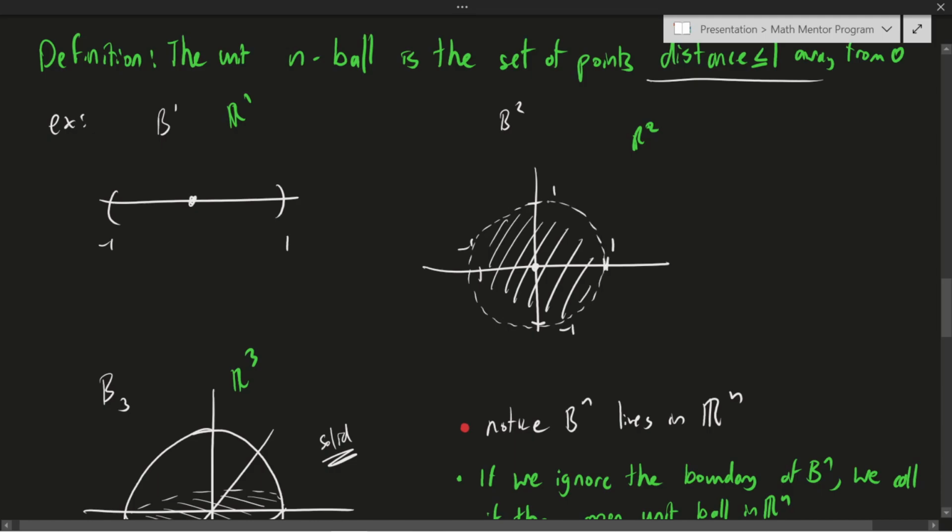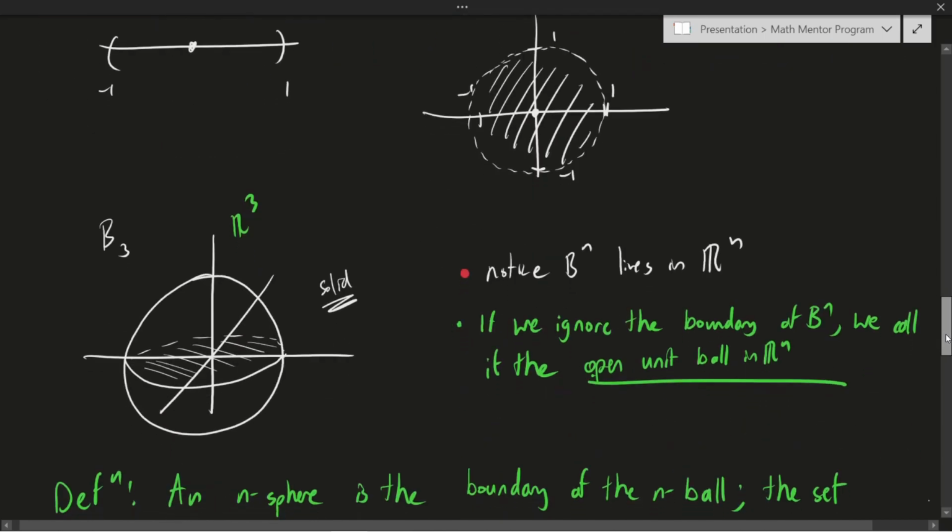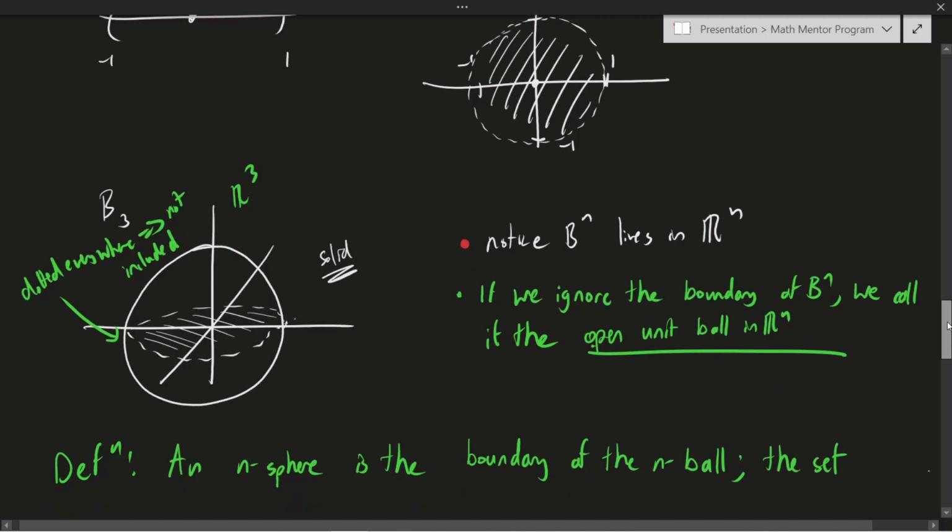And we'll usually do this with a dotted line. And in R3, well, this is a little bit more difficult to draw, but what I can do is just draw a dotted line over here, and you would have to sort of be able to see that dotted everywhere implies that it's not included. Okay, and that is called an open ball. It's going to be super important in the next video when we define something called a topology on Rn.